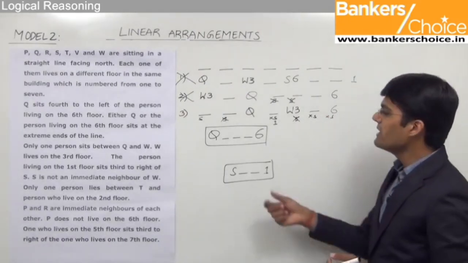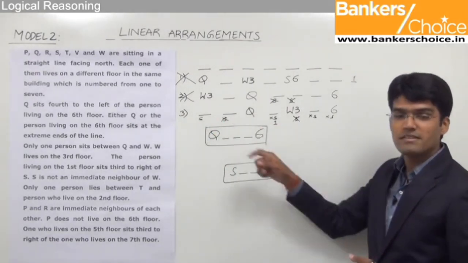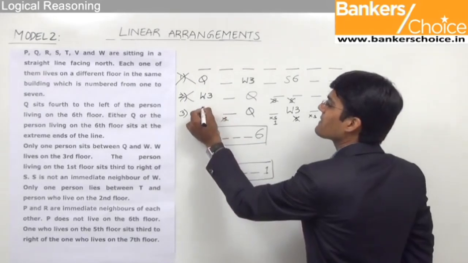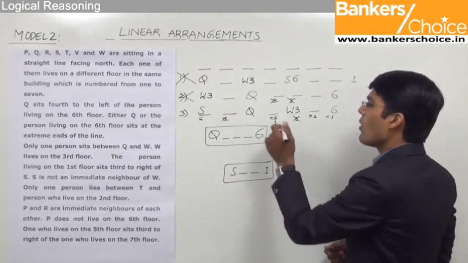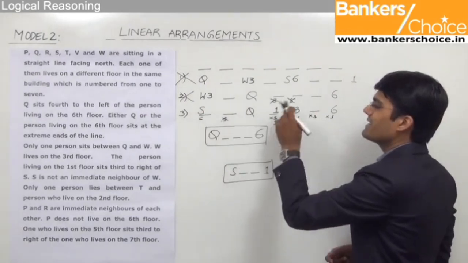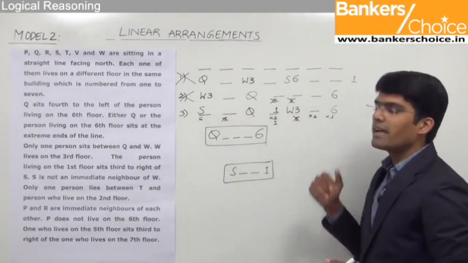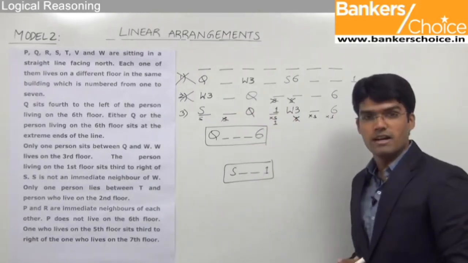So the only possibility for S here is the first position. So we can now fix the position of S as the first position. And then 1 will be coming in this position as there should be a gap of 2 persons between S and the person living on first floor. So this is now the possible arrangement and we have no other case so far.